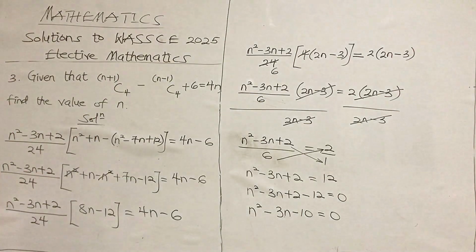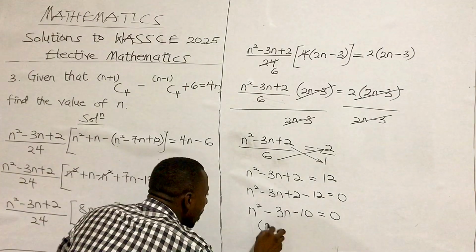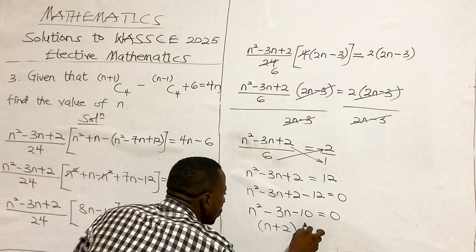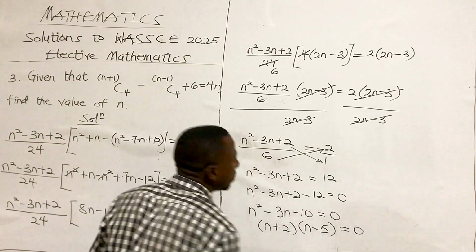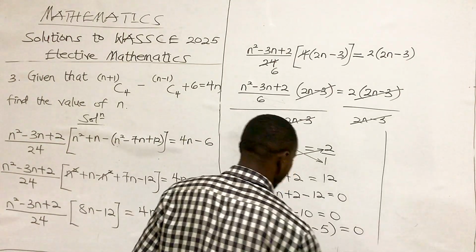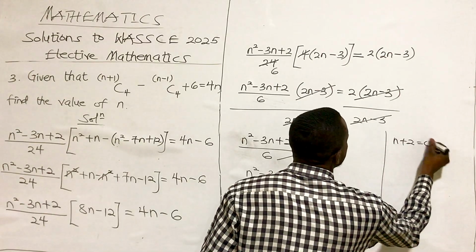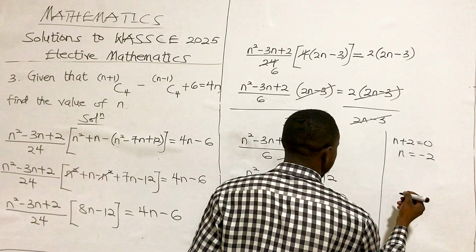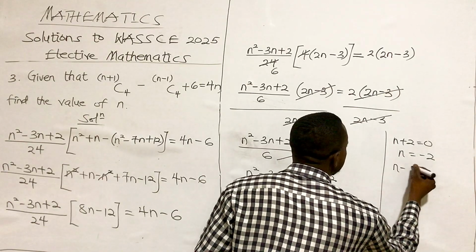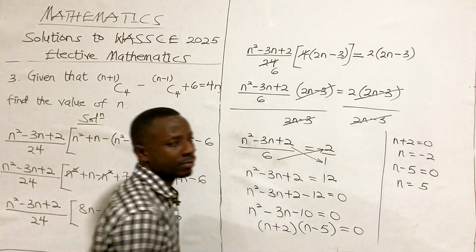So now let's look at the factors. The factors are n plus 2 and then n minus 5, which is equal to 0. So now we are going to get n plus 2 is equal to 0, where n is equal to negative 2. Then we have n minus 5 is equal to 0, where we have n is equal to 5.